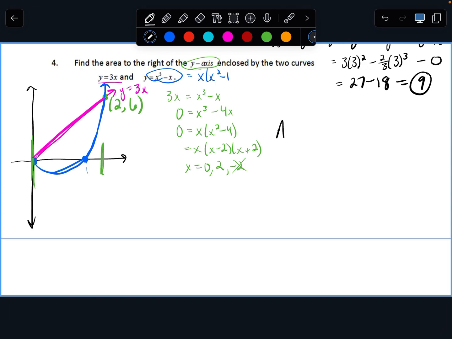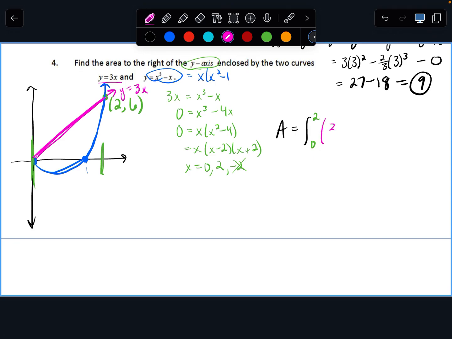So, to find the area, you're going to integrate from 0 to, what did we say it was? 2? We're reading it left to right. And if you want, you can combine them right away.